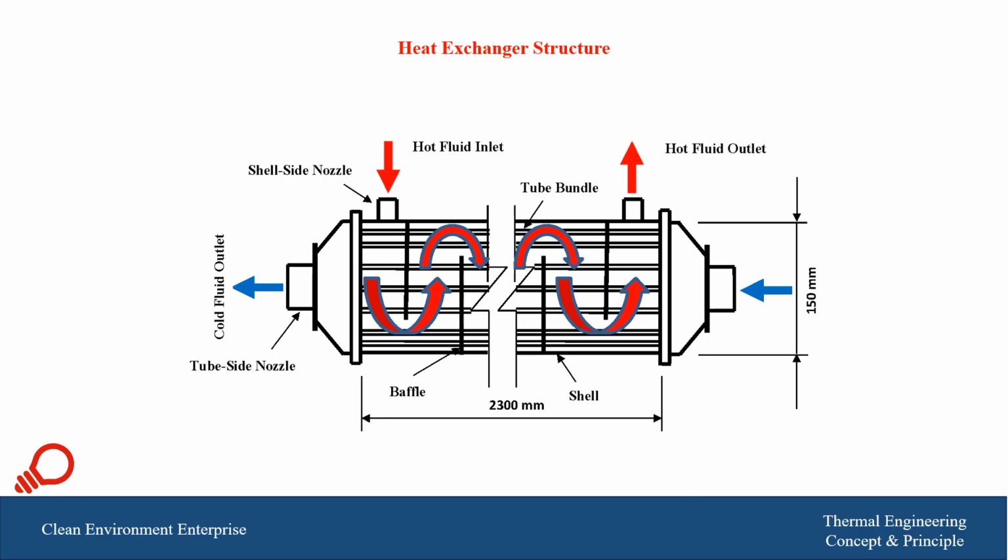Here we have a simple structure of a heat exchanger, which is composed of one tube pass, and the fluid in the tube side is labeled with the blue direction. It enters from the right hand side and leaves on the left hand side.